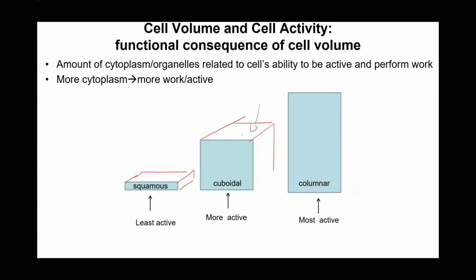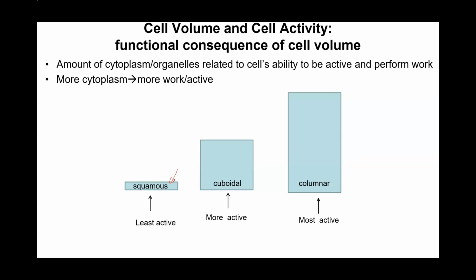Or if we look at this in more simplified terms, if you think of the amount of blue shading, right, in each of these simplistic diagrams as being equivalent or proportional to the amount of cytoplasm, what we can see is that squamous cells have the least cytoplasm and columnar cells have the most. Now, the reason why this is significant is because most of a cell's activity occurs in the cytoplasm.